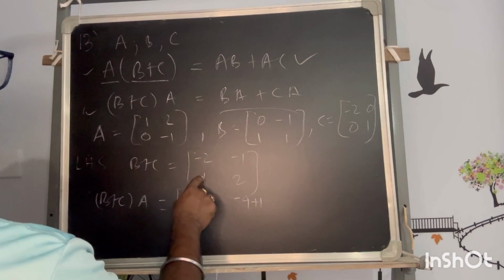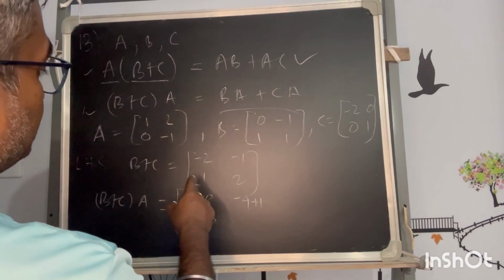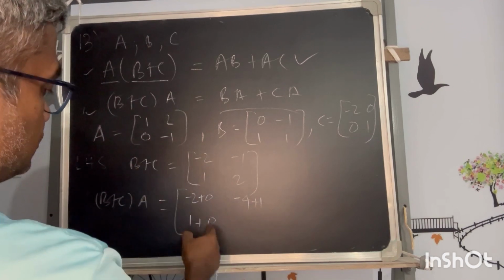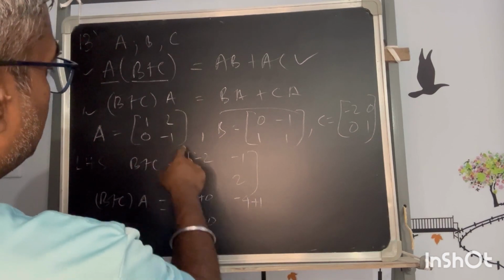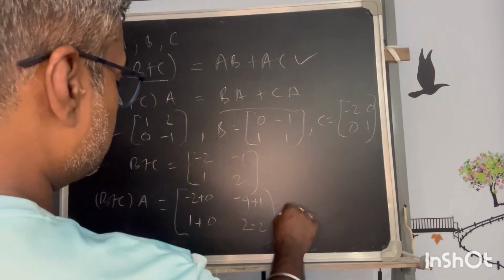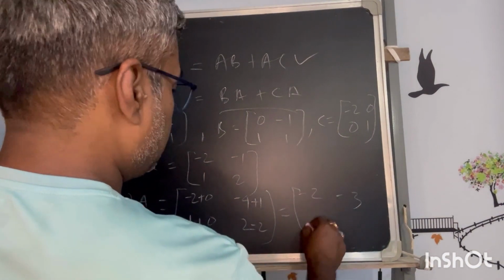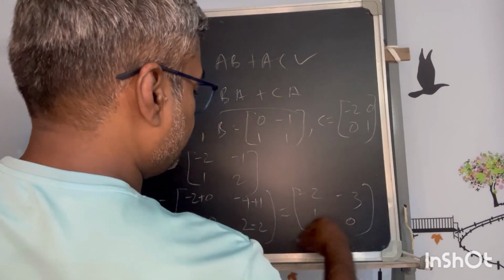Then the second row, 1 into 1 is 1 plus 0, and 2 into 0 is 0, and then 1 into 2 is 2, and 2 into -1 is -2. So this will become -2, -3, 1 and 0. This is the final form.